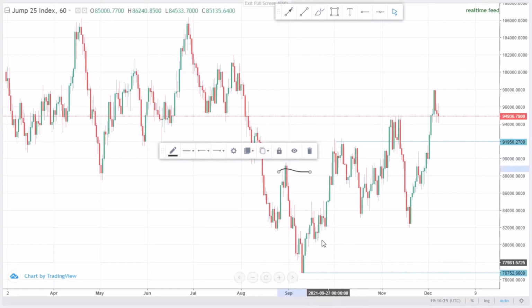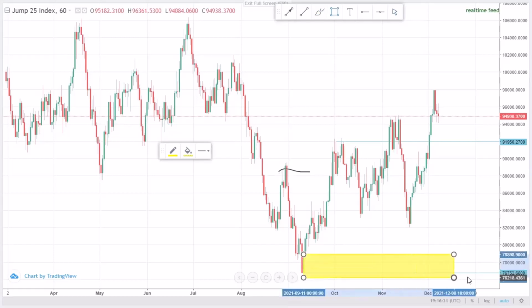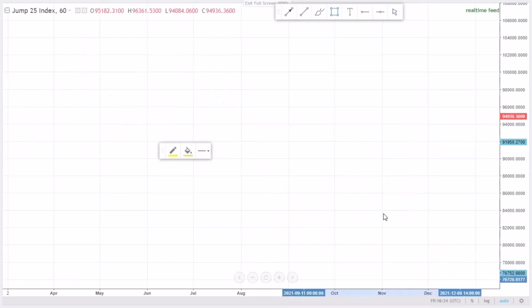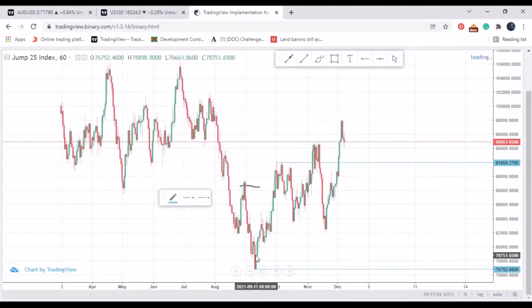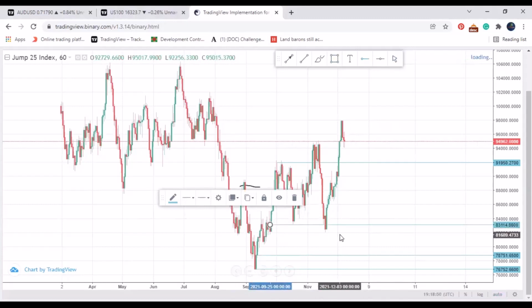We are looking for order blocks that are much closer to the low, because we want to buy. So we will be looking at this as our order block. Let me just mark with this line. This is the OB, then this is another order block. These are the order blocks we are interested in.